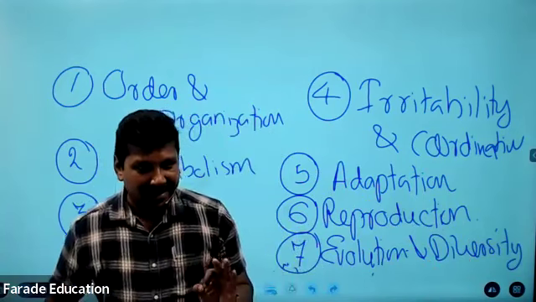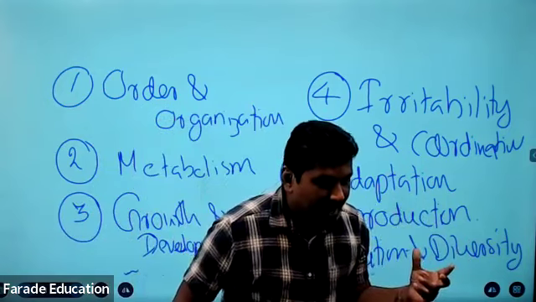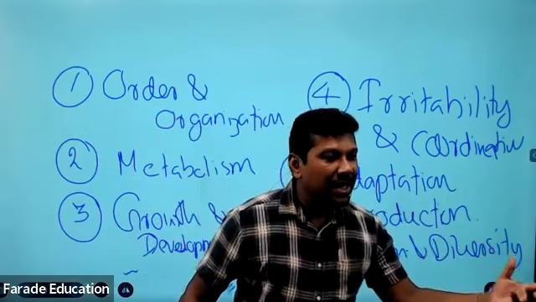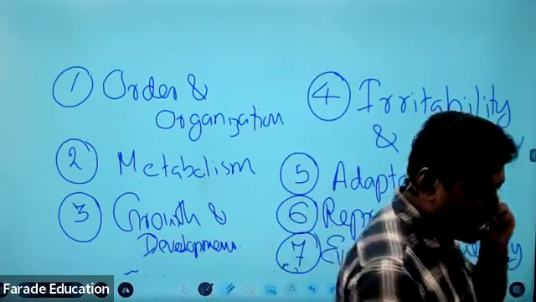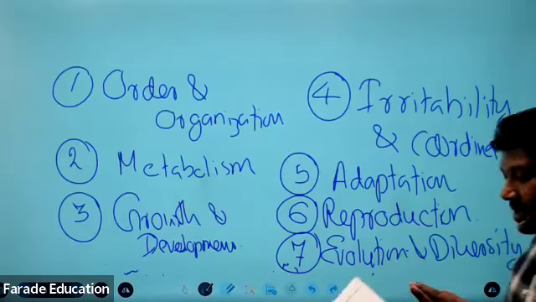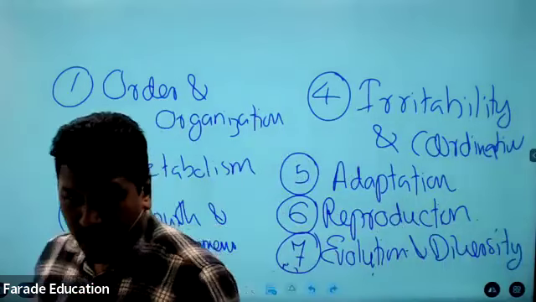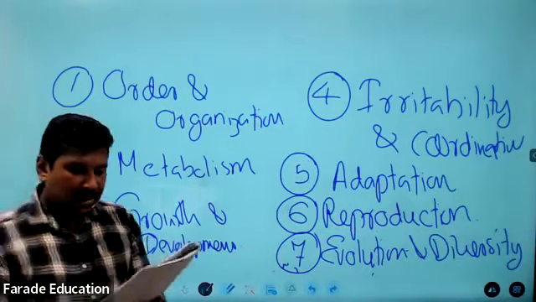So your ability to respond is the irritability, and the way you respond is the coordination. So coordination is the way that organisms respond to a stimulus.